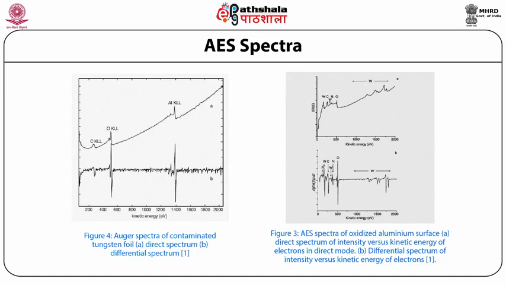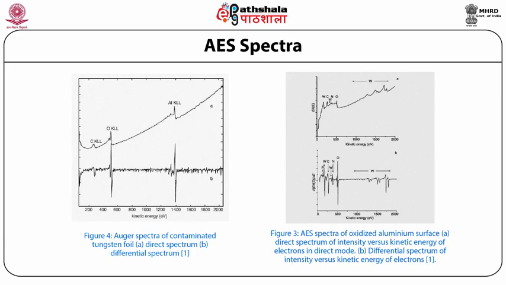Auger spectra can be expressed in two modes, a direct mode and differential mode, as shown in figure 4. The direct mode presents the intensity distribution in a range of electron kinetic energies.